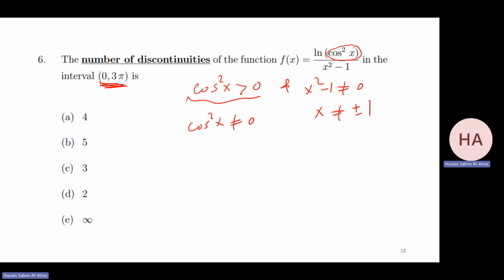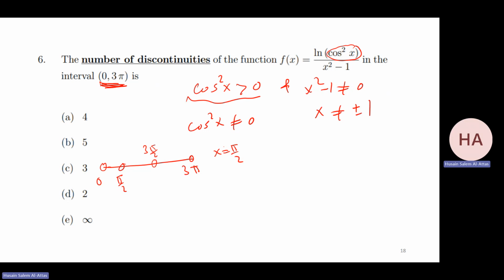Notice this interval from 0 to 3 pi. So I have 0 and 3 pi. Cosine equals 0 at x equal pi over 2. We have pi over 2 here. Then pi, you have no problem, 3 pi over 2.